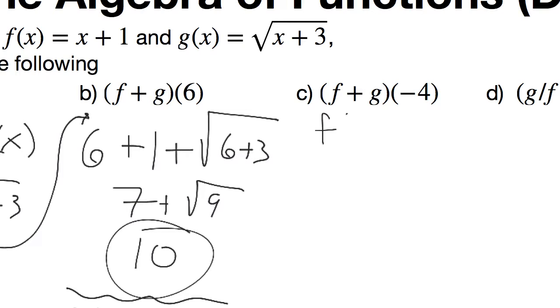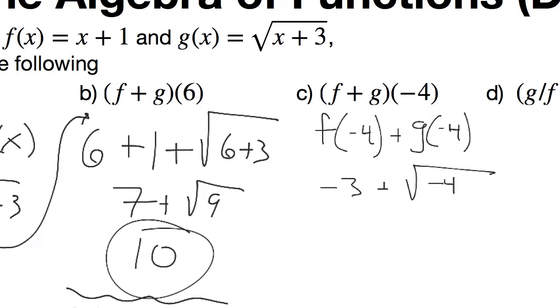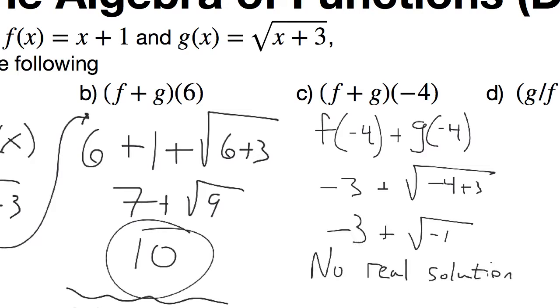This is really going to be f of negative 4 plus g of negative 4. Well, f of x is x plus 1, so this is negative 3. And this is going to be the square root of negative 4 plus 3. We're going to be asked to find the square root of negative 1, and we can't do it, so this is going to be no real solution.